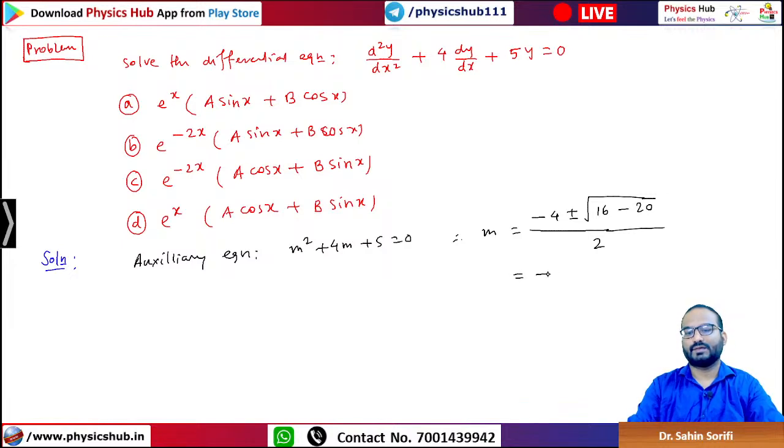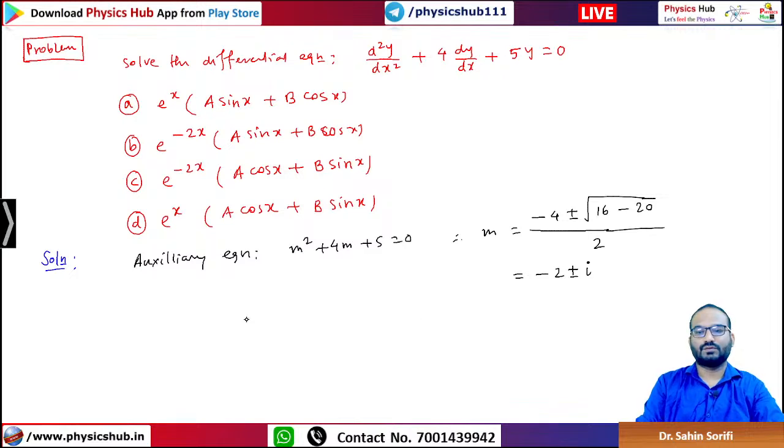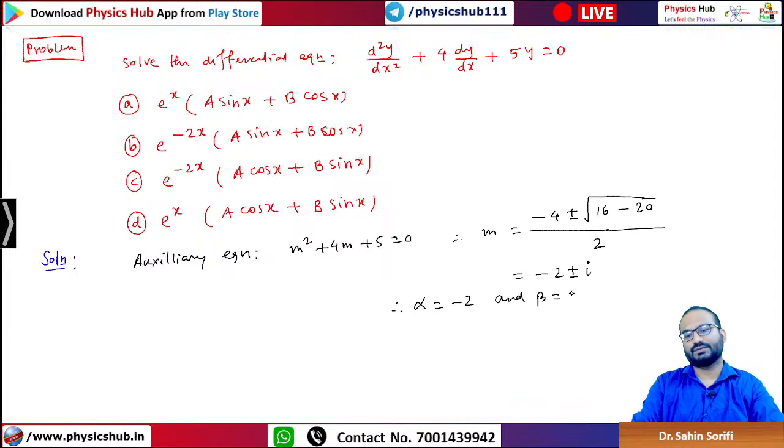So this is equals to minus 2 plus minus 2i, 2i over 2 is divided, so i. So we can write alpha is equals to minus 2 and beta is equals to 1.